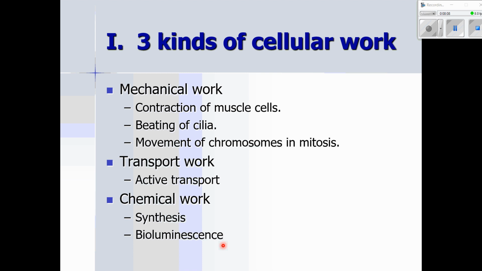So when a firefly or lightning bug glows in the night to attract a mate, or in Finding Nemo, the anglerfish that lives way down in the depths of the sea and uses its little glowing organ on its head to attract prey. That's bioluminescence. That's living organisms lighting up, and that requires ATP energy.